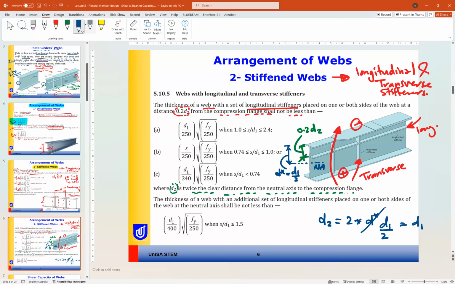So based on this value, the longitudinal stiffener is at a distance of 0.2 d2 from the compression flange. This means the standard recommends putting the longitudinal stiffener close to the compression flange because we are worried about the buckling of the compression part, so it is preferred to be close to the compression flange.